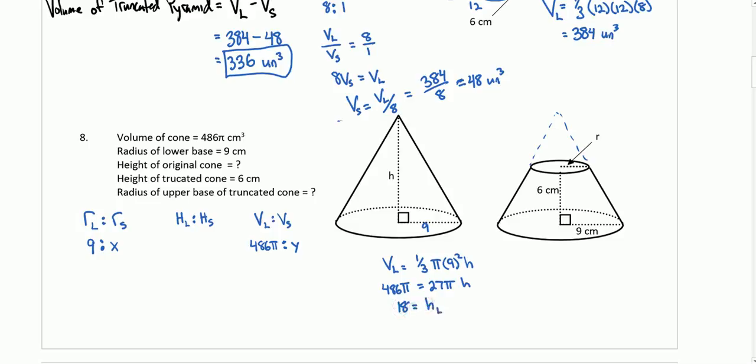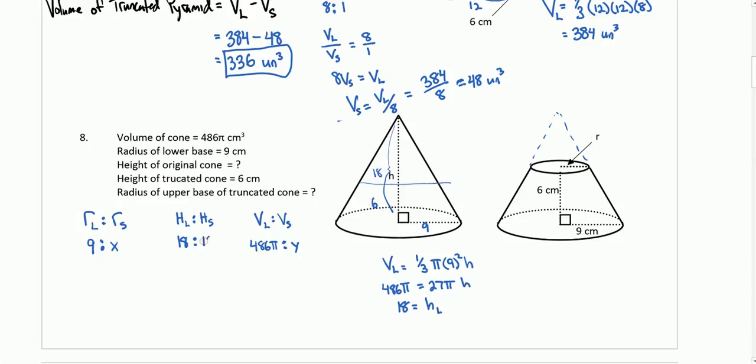And that's the height of the larger cone, so we know that's 18. And now we know the height of a smaller cone. The truncated part is 6, so if the full height is 18, right? So this full height is 18, and we cut it so there's 6 left on the bottom, so what's left on the top is 12.